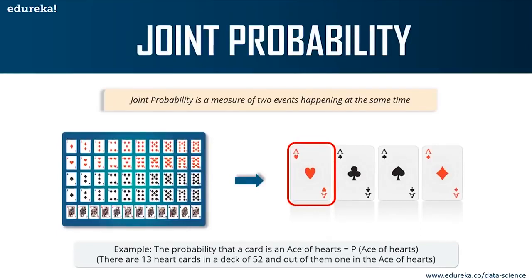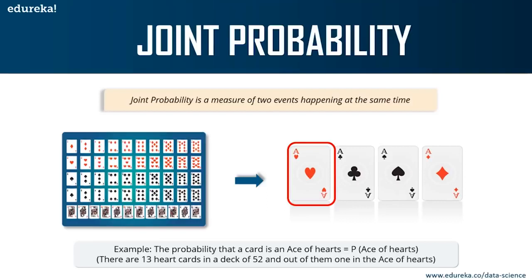Now let's understand what is joint probability. Joint probability is a measure of two events happening at the same time. Let's say that the two events are A and B. So the probability of event A and B occurring is the intersection of A and B. For example, if you want to find the probability that a card is a 4 and red, that would be joint probability, because you're finding a card that is 4 and the card has to be red in color.